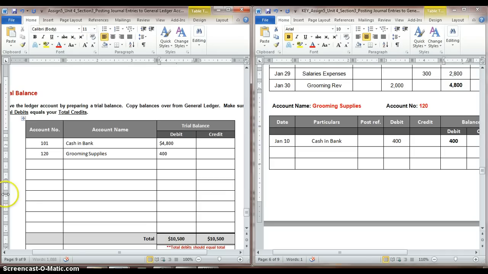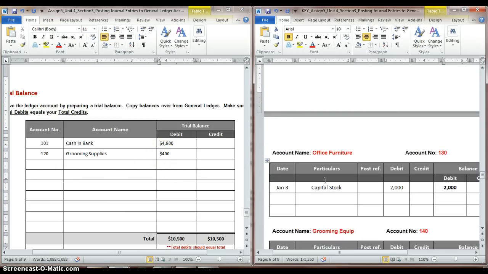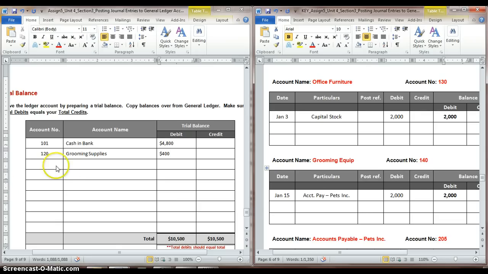And you'll notice the account numbers. A lot of times businesses set up their account numbers so that maybe all the asset accounts are listed in the hundreds, all the liability accounts are maybe in the 200s, all the owner's equity in the 300s, maybe revenue in the 400s, and expenses in the 500s. I think that's how this company has their accounts set up. So that's how the whole numbering system works for account numbers. Then I'm going to scroll down to my next account, account number 130.